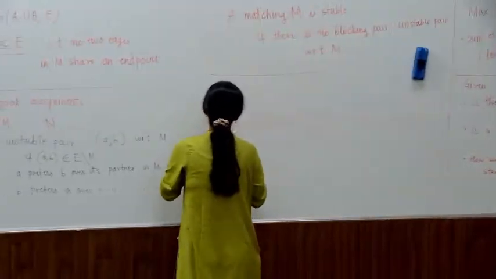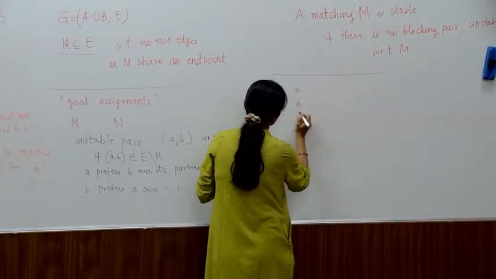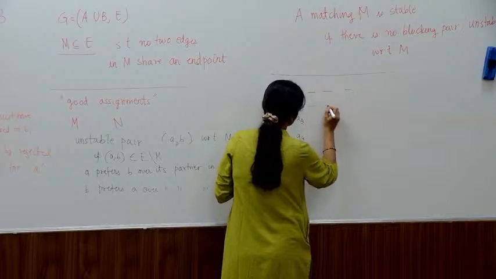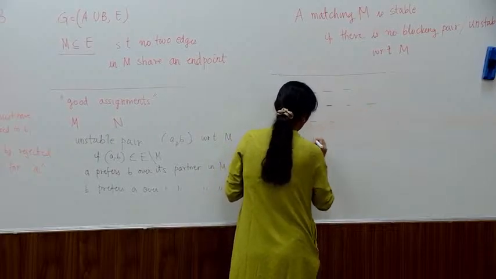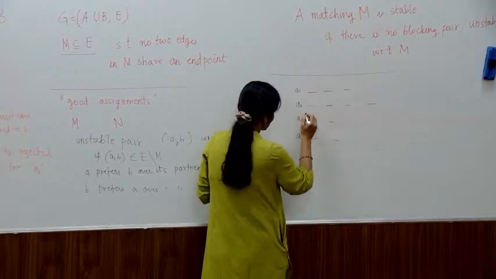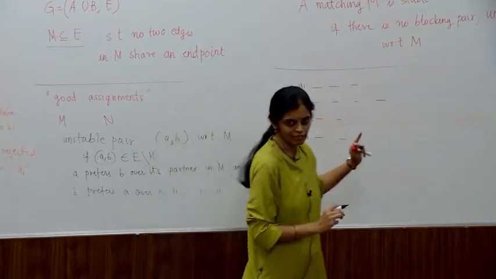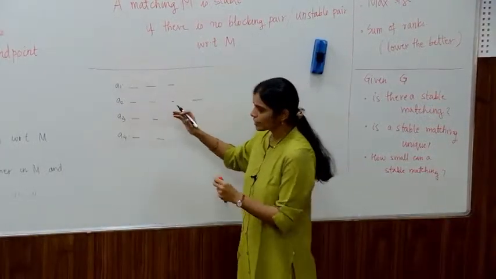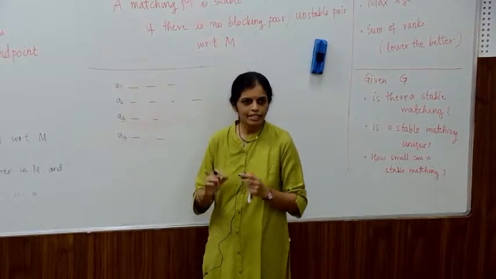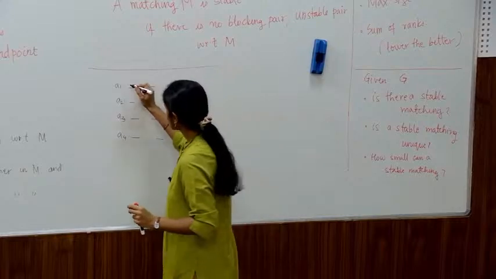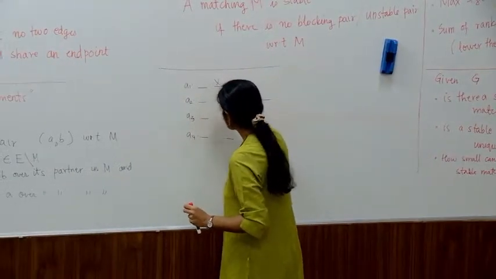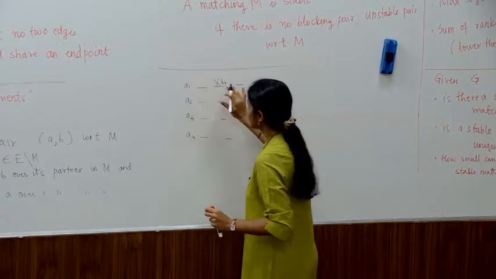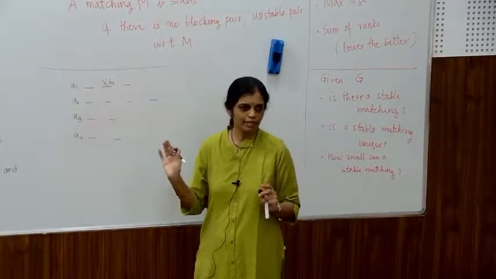Okay, so let's look at the matching from the A's side only. So let's say there are 4 vertices. This is the preference list, and each preference list could be of different length. But these are the neighbors, and this is the preference list. Of course, this is the top choice, this is the next choice, and so on. We have already seen examples in which there are different stable matchings. So what I will do for every vertex is I will mark this vertex with a square if A1 can get assigned to it in some stable matching of the instance.